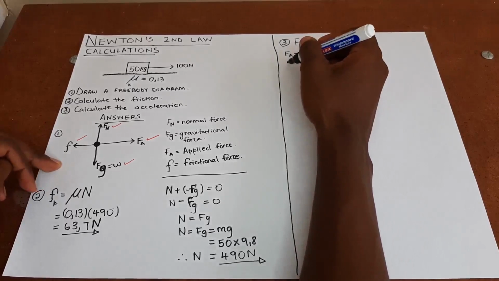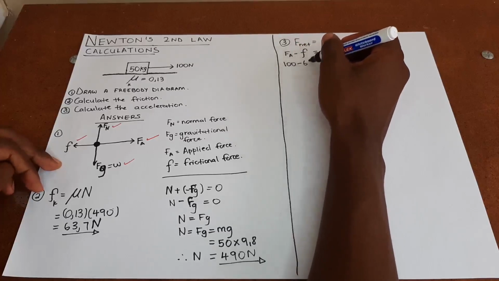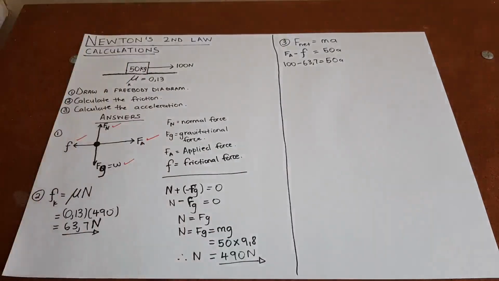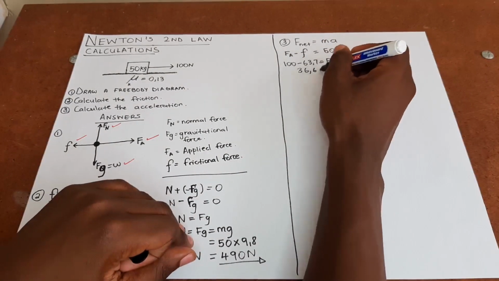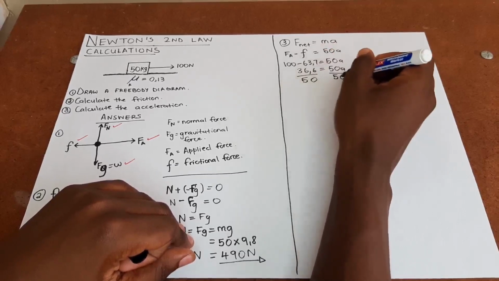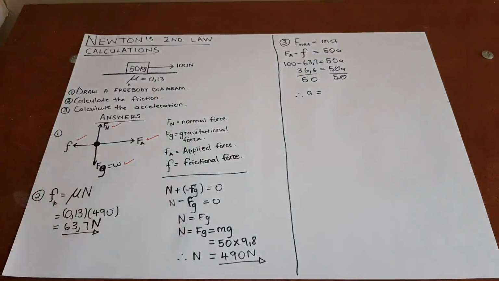So this becomes 100 minus the frictional force 63.7 equals 50a. 100 minus 63.7 gives us 36.3, which equals 50a. Dividing both sides by 50, a is equal to 36.3 divided by 50.